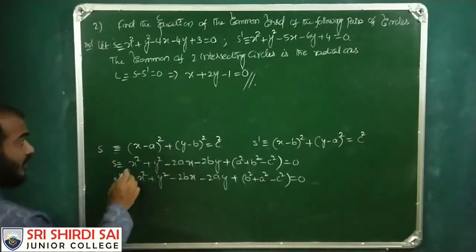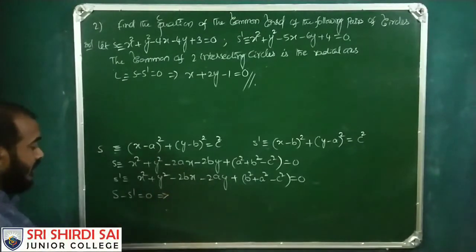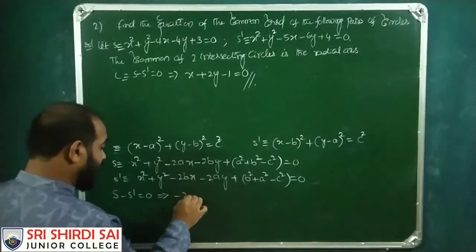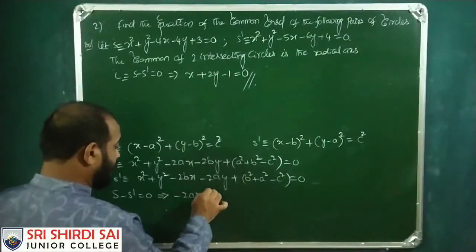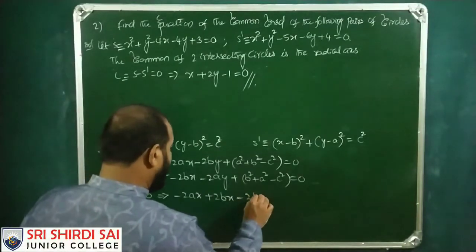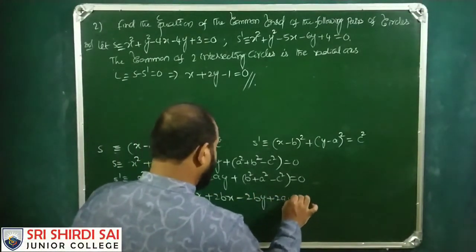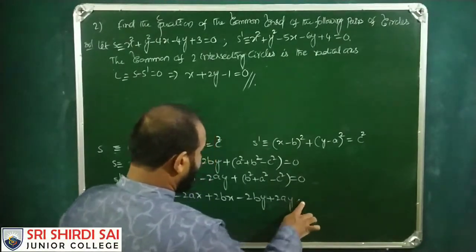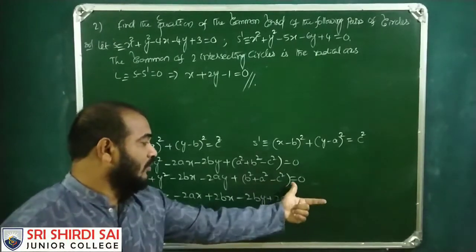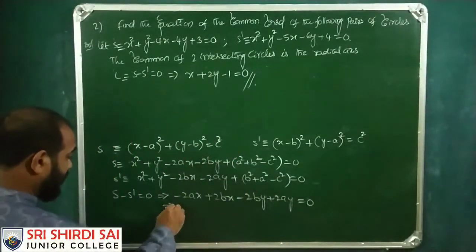The radical, the common chord, is S minus S dash equals to 0. X square plus y square minus of x square plus y square gets cancelled. So minus 2ax plus, minus of minus is plus 2bx, minus 2by, minus of minus is plus 2ay, plus a square plus b square minus c square minus of b square plus a square minus c square, these two get cancelled, equals to 0.